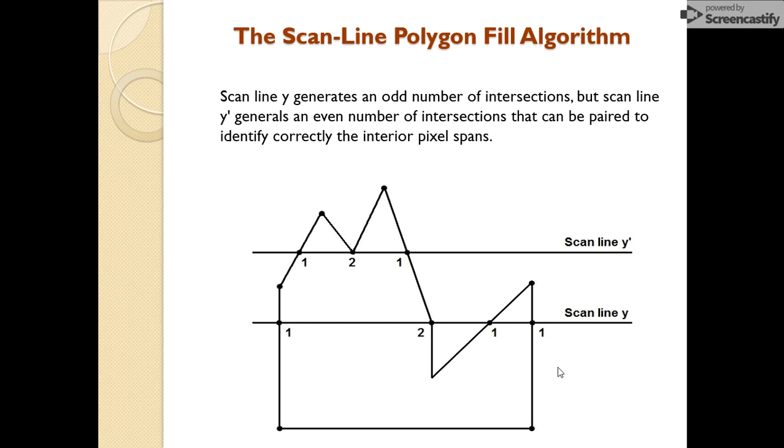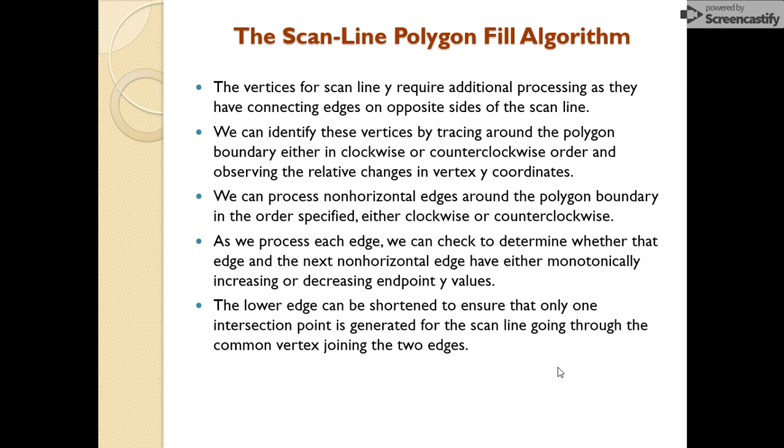The scan line y generates an odd number of intersections, as we can see. The scan line y dash represents an even number of intersections. These can be used to identify correctly the interior pixel spans.